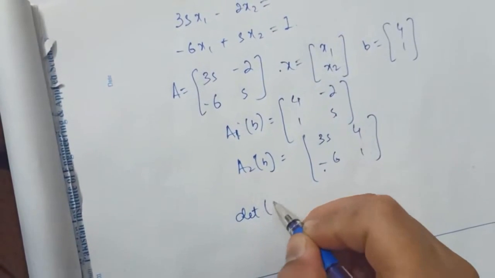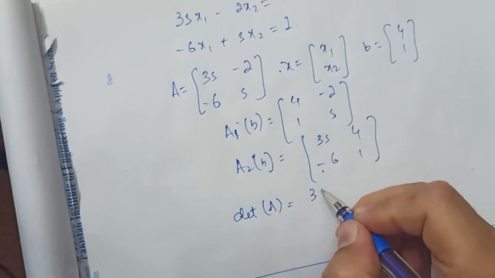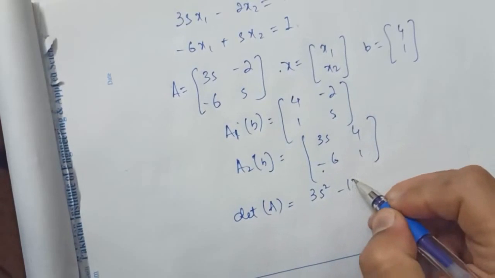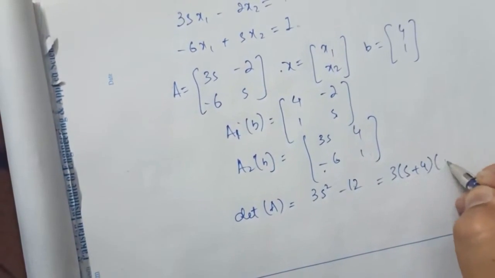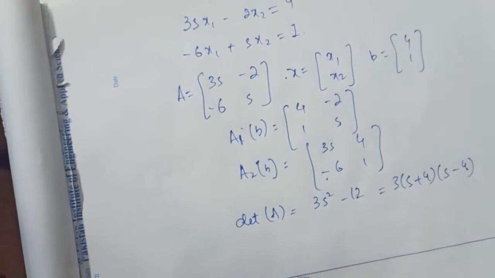Determinant of A is quite simple, it is 3s square, and you got minus 12, right? So it is 3 times s square minus 4, that is 3 times (s plus 2) times (s minus 2).